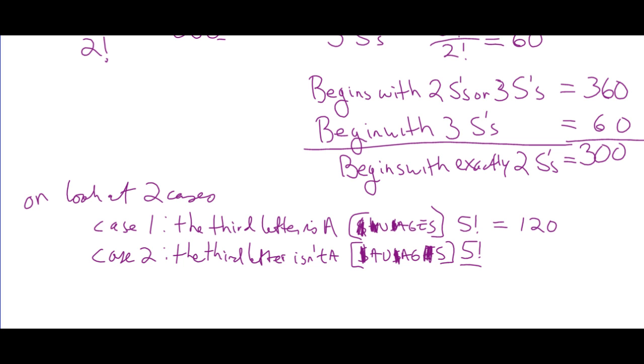Oh wait, we gotta say one more thing first. That third letter is either a U, a G, or an E. So we do have 3 choices for the third letter.